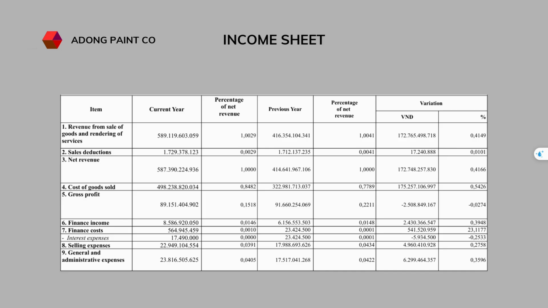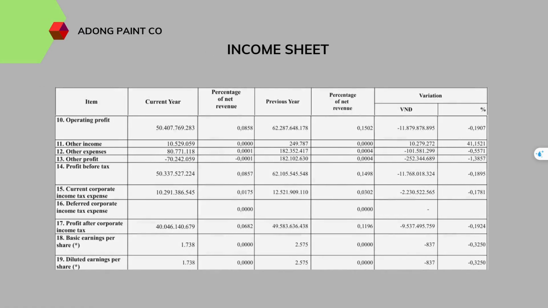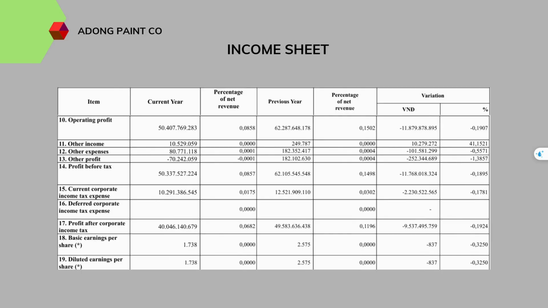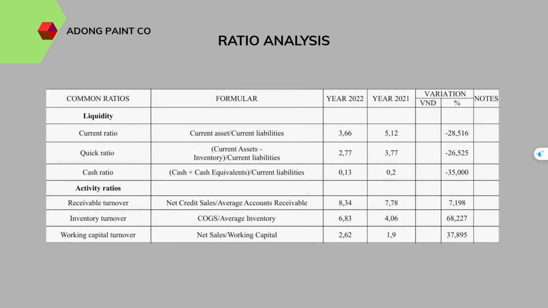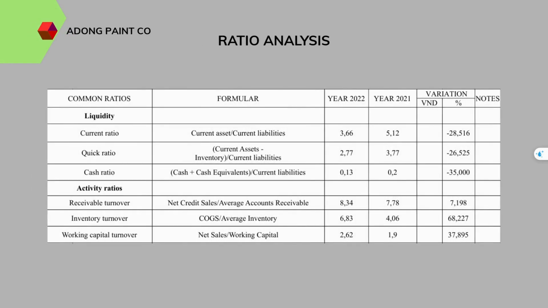From this, we can see how the company earns its revenue and assess its overall performance. It also provides more evidence for the going concern assessment, helping us judge whether the company can continue operation in the future.